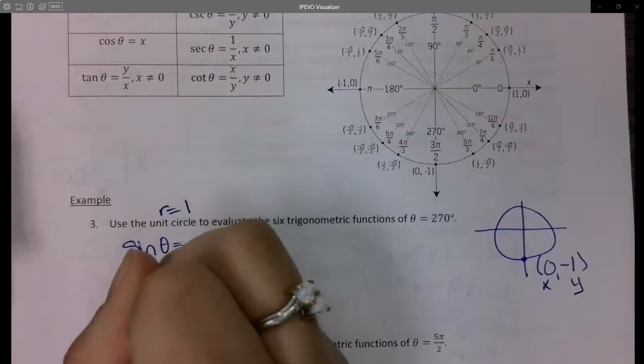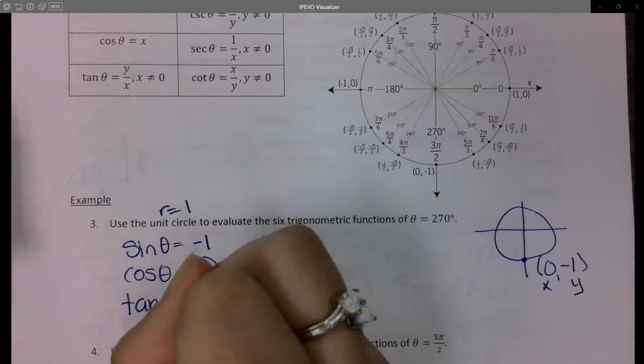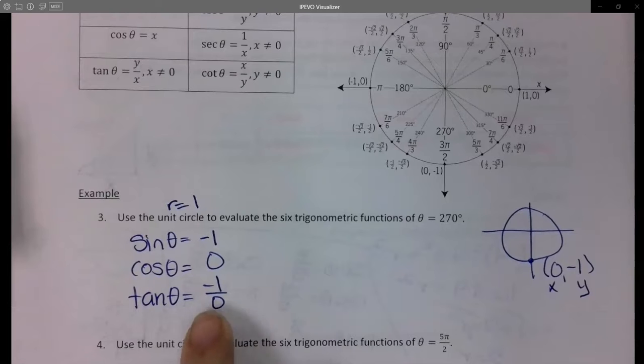Tangent is y over x, so negative 1 over 0. So when I try to simplify this fraction, I can't divide a fraction by 0.